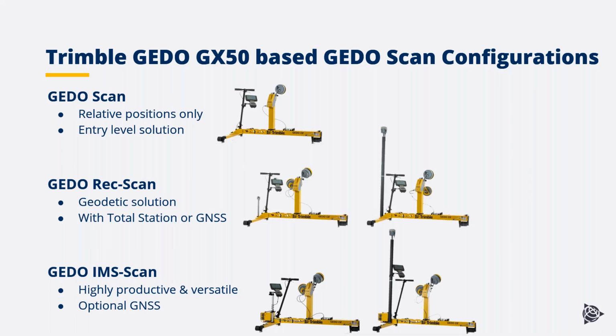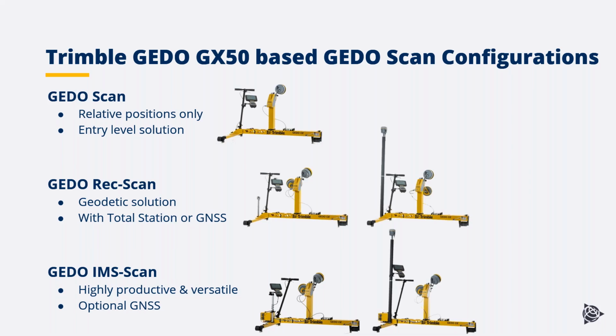You have your total station setup. You provide the trolley system with a highly accurate total station position, and from that you have a fully oriented point cloud, and you can take absolute measurements from that. The picture to the right shows also a setup with a GNSS receiver. If accuracy requirements are less, or if there are no control points available, you can combine the GEDO scan system with a GNSS.